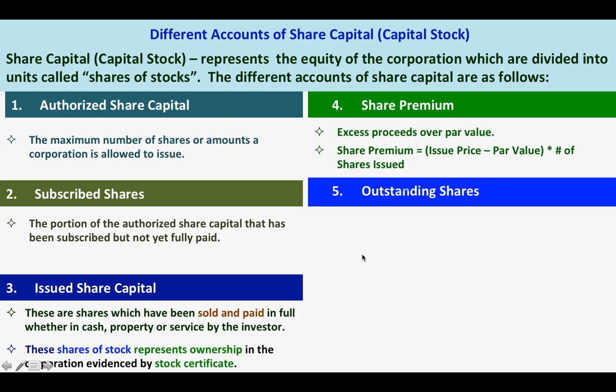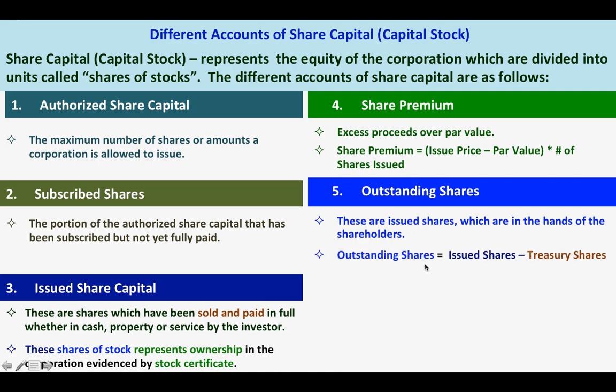Next is outstanding shares. Outstanding shares are issued shares which are in the hands of the shareholders. So basically, outstanding shares and issued shares are the same. They are basically the same. Outstanding shares is equivalent to issued shares minus treasury shares.